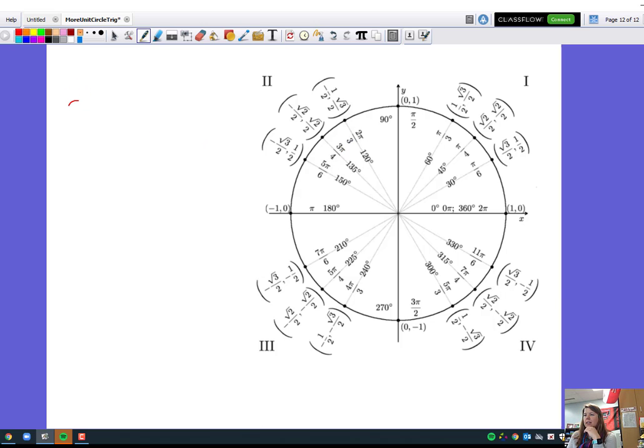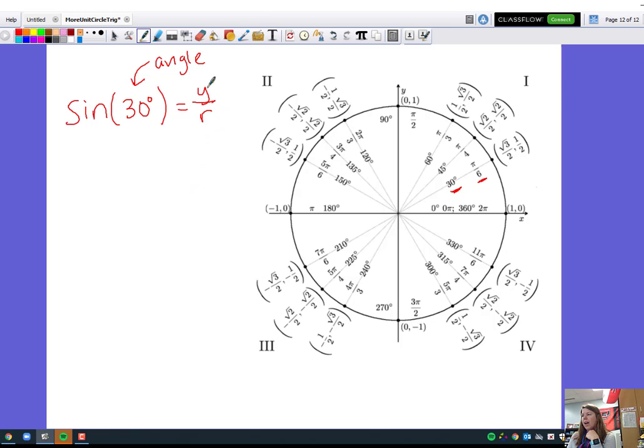So let's look at sine and let's look at cosine. Today, inside of sine and cosine is always going to be your angle measure. Your angle could be in degrees, or in radians. I'm just going to pick sine of 30 degrees. What we're thinking about is the y value divided by the r value.